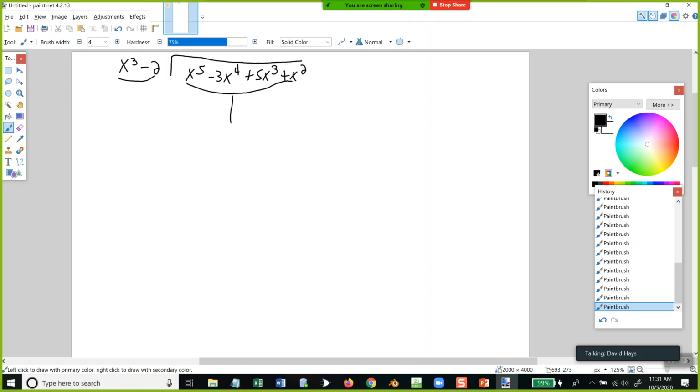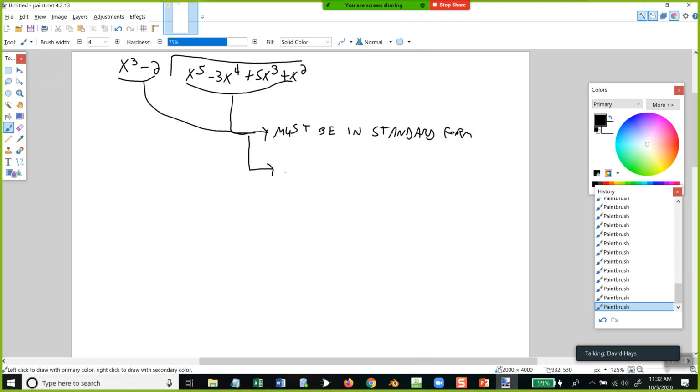Now, two things have to be true for you to use long division. Both what's out in front and what's underneath must be in standard form. These are in standard form already, arranged from the largest power down to the smallest power.